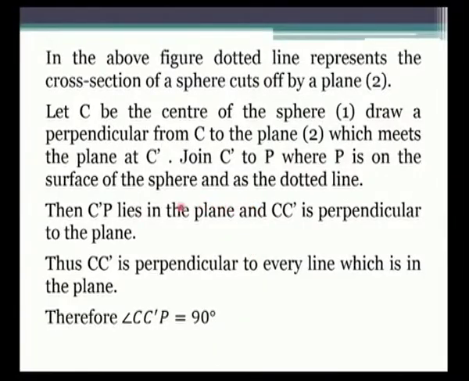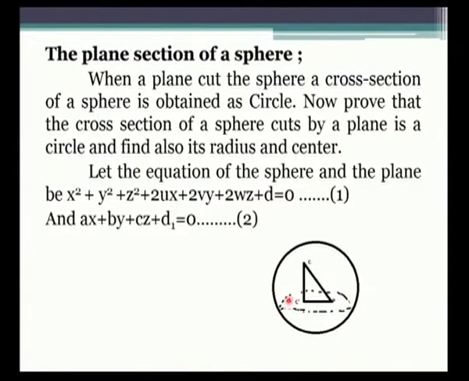In the above figure, the dotted line represents the cross section of a sphere cut off by a plane, and C is the center of the sphere, and we need to draw a perpendicular from C to the plane. That perpendicular meets the plane at C dash. Join C dash to P, where P is on the surface of the sphere, as the dotted line. So we get the angle at C dash equal to 90 degrees.